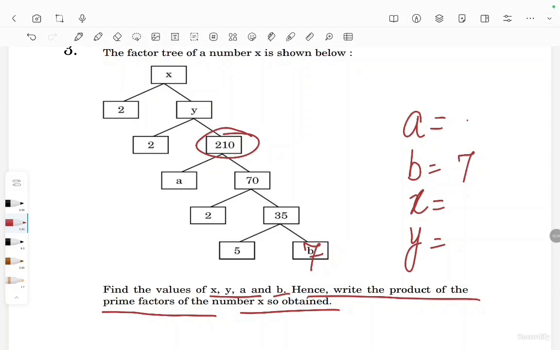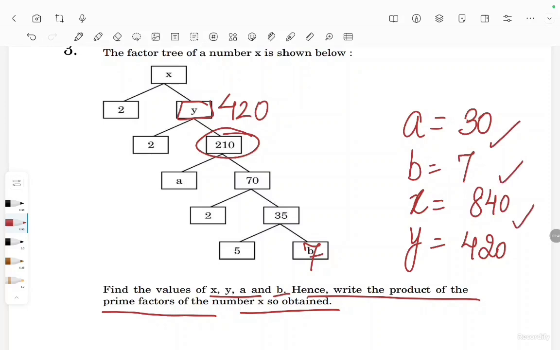Yes, 3. 210 and 2 when multiplied together we will get 420. Absolutely correct. 420 when multiplied by 2 we will get 840. So these are the values of a, b, x and y which were required. And then we have to write the product in the form of prime factors. You can write it very easily. Okay. Done.